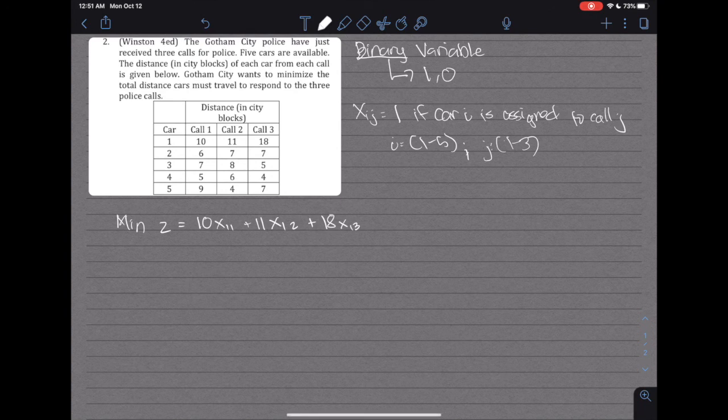This tells us that if car 1 is assigned to call 1, it will be traveling a total distance of 10, because this part of the objective function will have a value of 10 times 1, that is, if x11 is equal to 1.